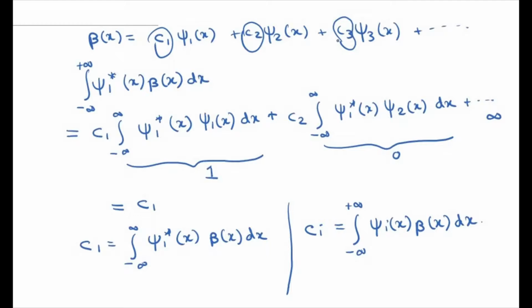It is just the advantage that the Fourier series gives us. We could have used any other basis, but there is no guarantee that that basis is orthonormal or orthogonal, and so we cannot compute the coefficients C1, C2 by simple formulas like this. Okay, so let us now move forward.